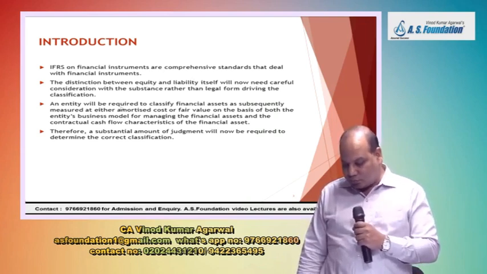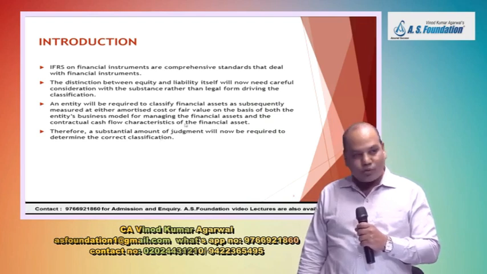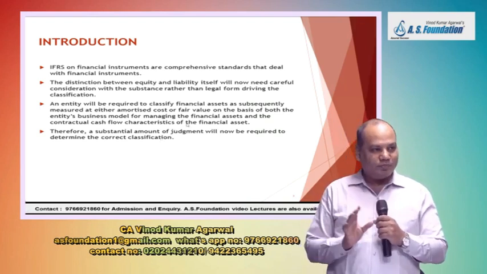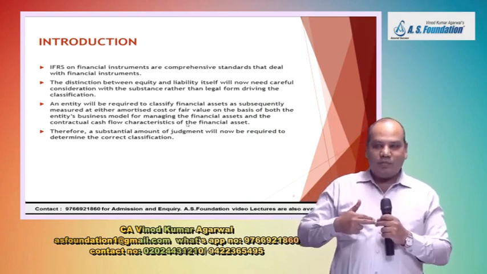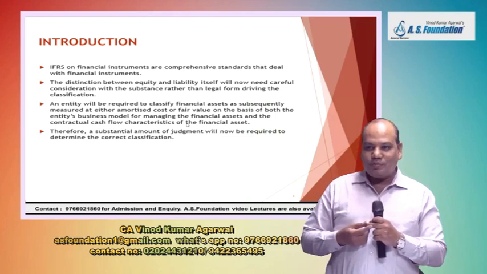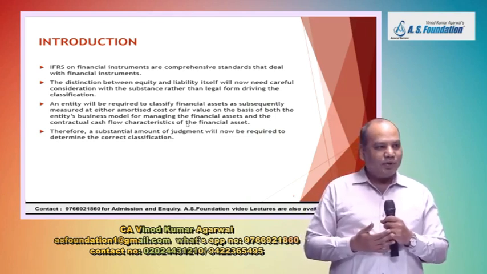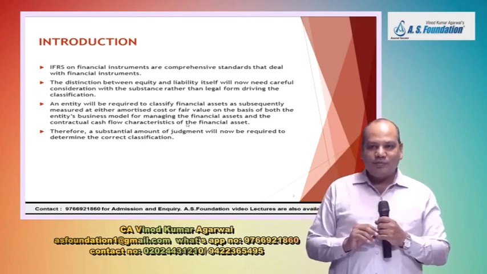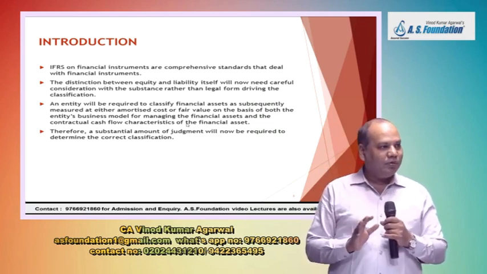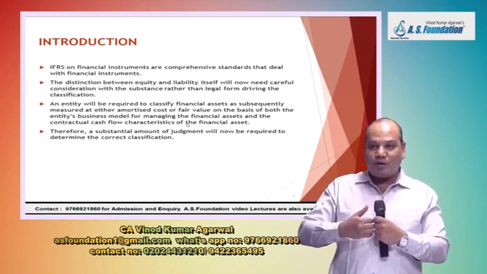This standard gives a lot of importance to substance over form. In form the instrument may appear as one, in substance it may be two. For example, a convertible bond. In form it is one instrument, that is a bond or debenture, but in substance there are two instruments.